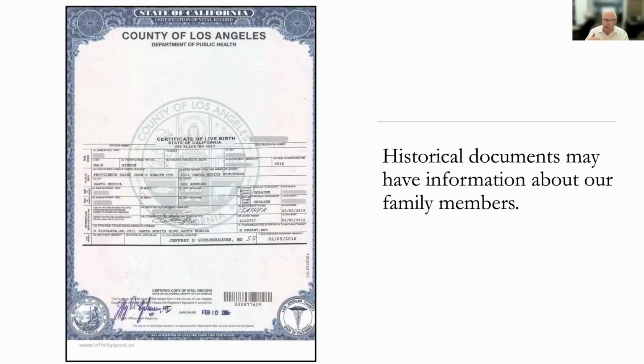And if you project that into the past and you start to understand how many documents there were and how many records there were, let me give you an example of a record that you may have never conceived of. Many years ago, I was working on getting the initial entry of the records into the Family Research Wiki.